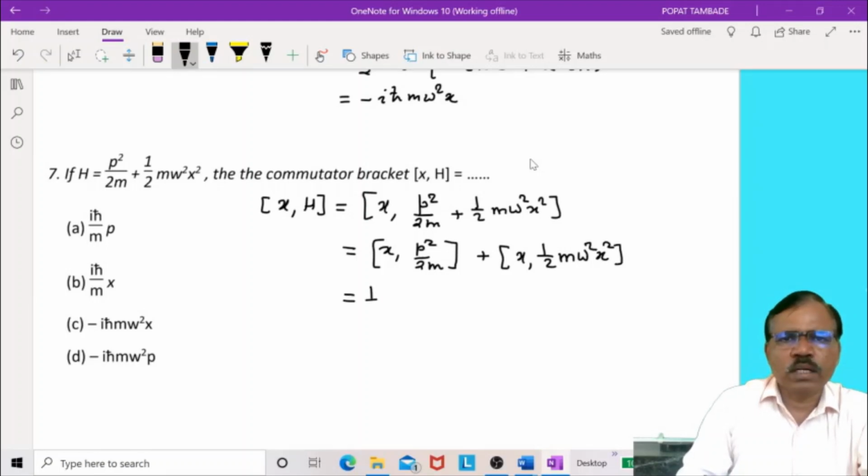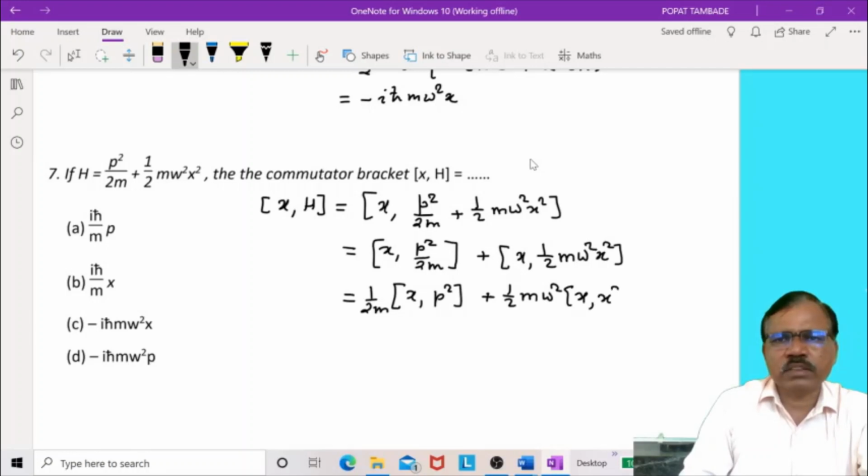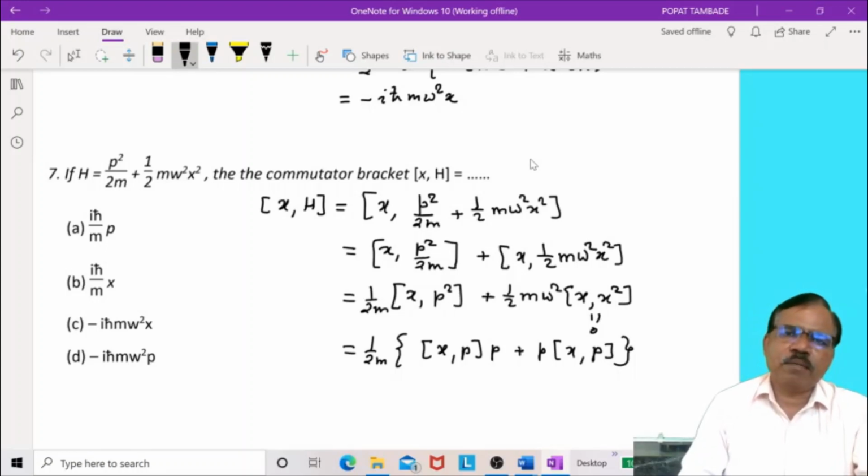So here 1 upon 2m [x, p squared] plus 1/2 m omega squared [x, x squared]. Now this bracket is 0. So here 1 upon 2m. Now we can write this [x, p squared] as [x, p] multiplied by p plus p [x, p] by using the property of the commutator bracket.